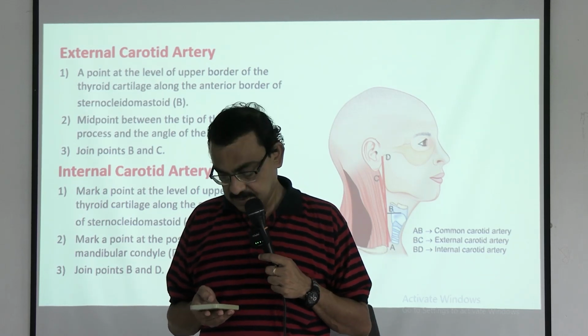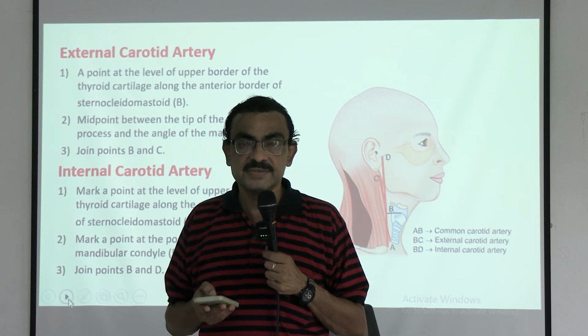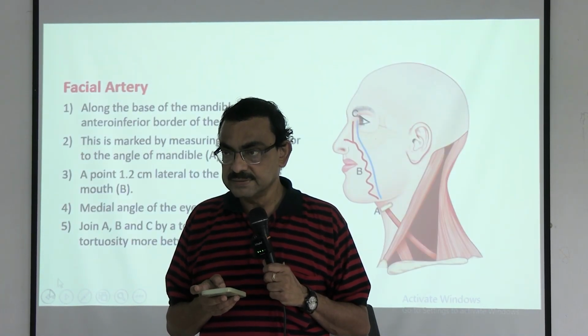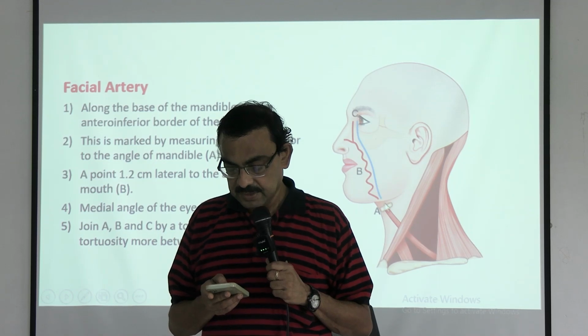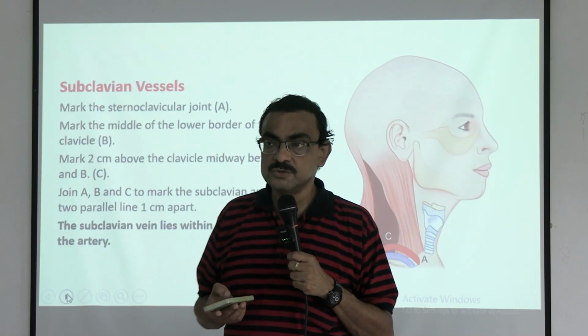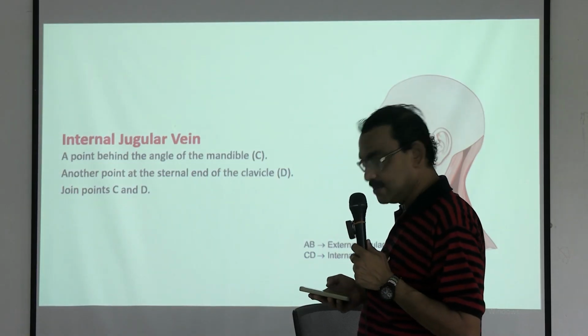Number 7, facial artery in face. And number 8, internal jugular vein. Already we can see the internal jugular vein.